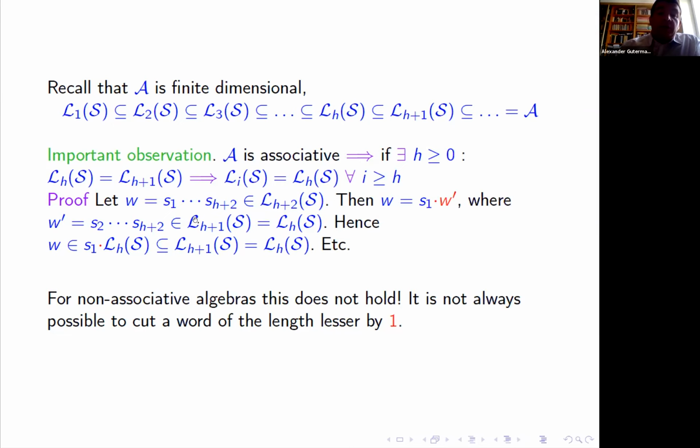We know this coincidence, and using it, we show that an arbitrary word of the next subspace belongs to the words of the existing index. But I would like to point out that for non-associative algebras, this does not hold.